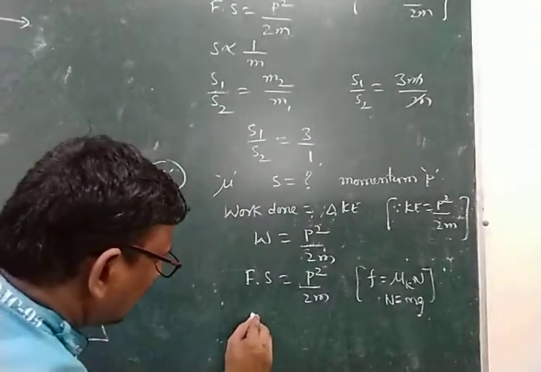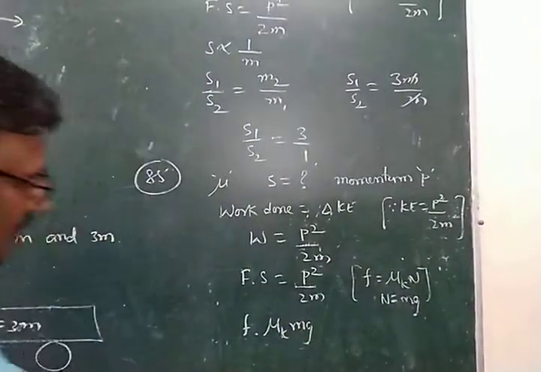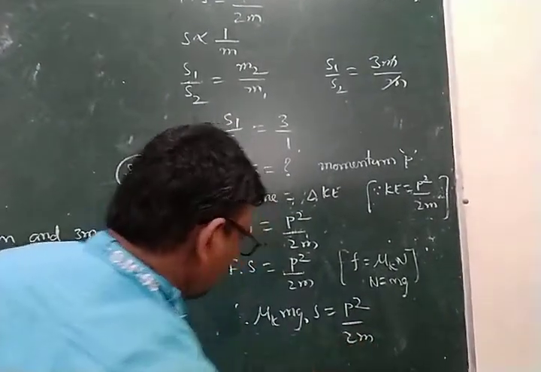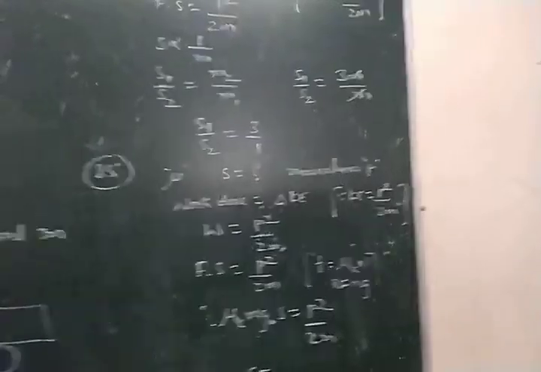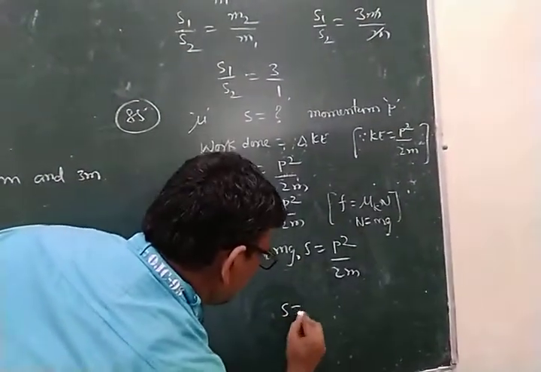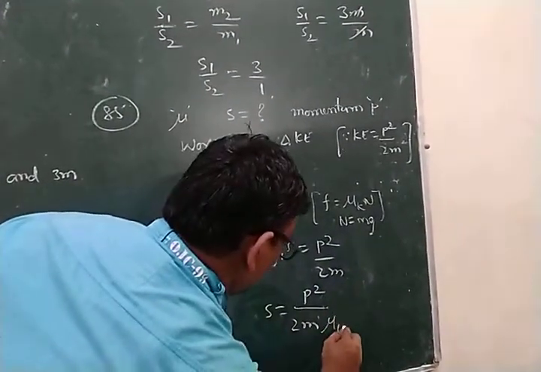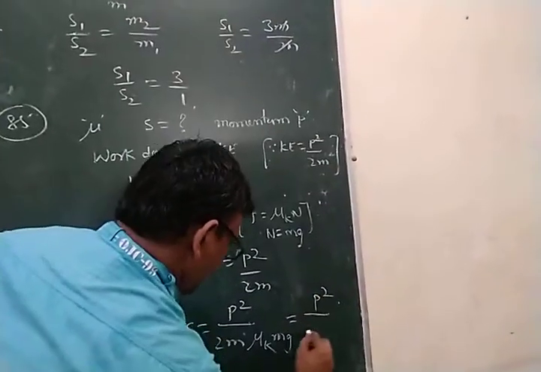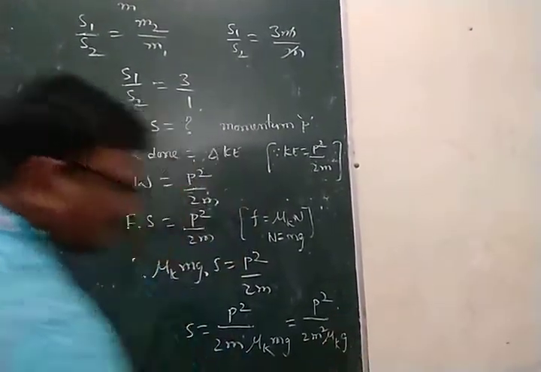Now substitute F as mu k into mg, so mu k into mg into S is equal to P square by 2m, and we can find the displacement S. So S is equal to P square by 2m into mu k into m into g, that is equal to P square by 2m square mu k g.